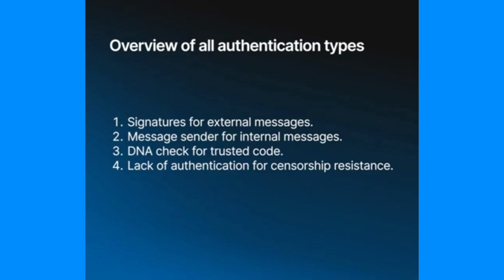The third type of authentication is the DNA check, where you compute the necessary message sender address on the fly by referring to the code or data that you trust. And finally, there is lack of authentication at all to provide censorship resistance to your application.